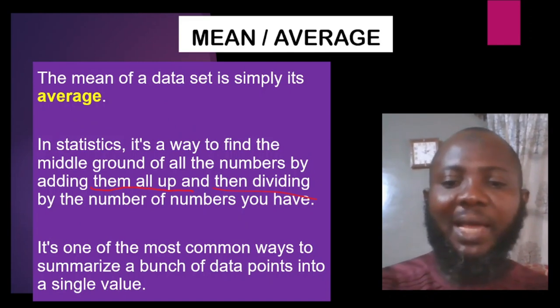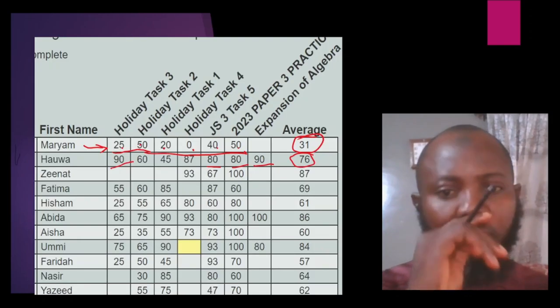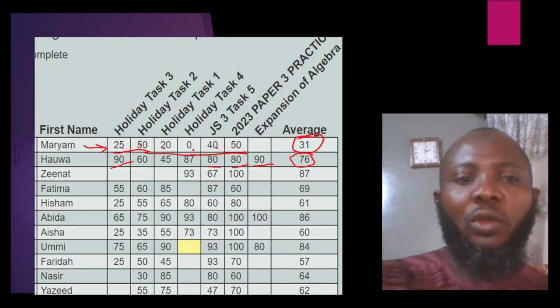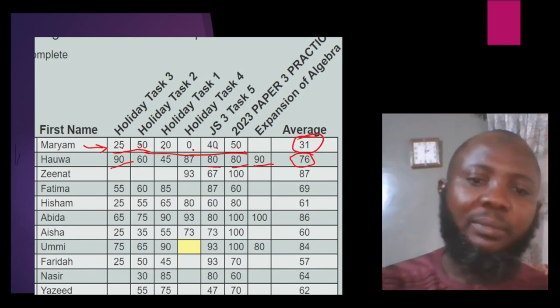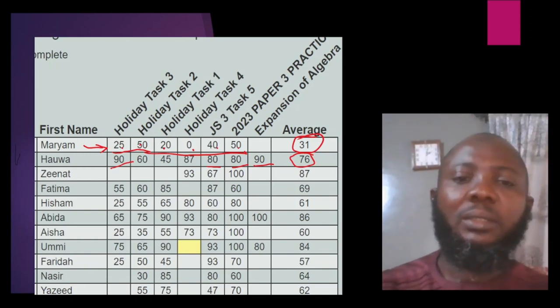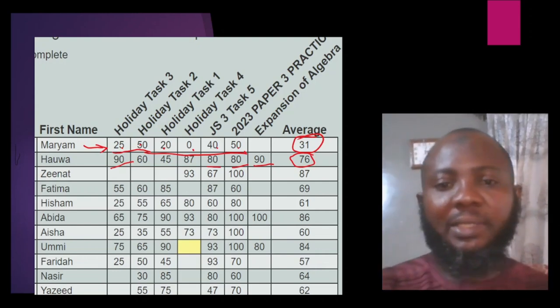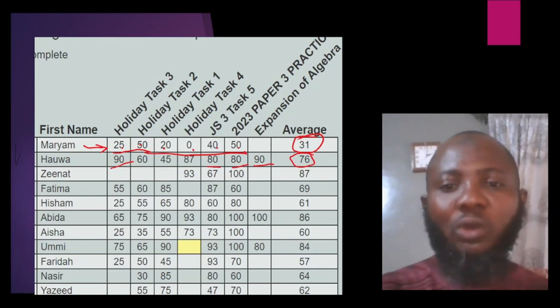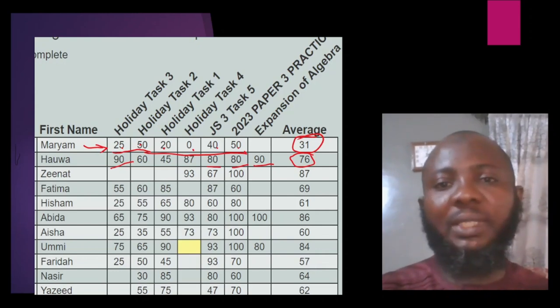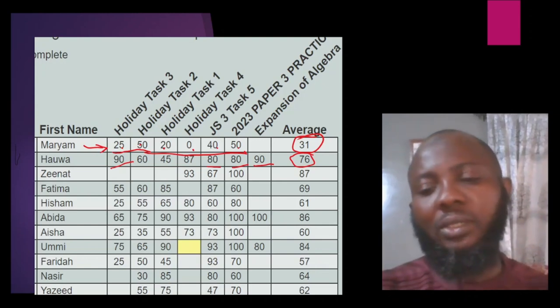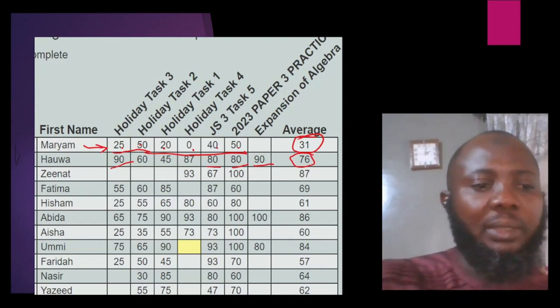Just like I explained in the previous slide, if you want to check the average score of Mariam, on average, she scored 31 per each of the tests, while Hawa scored 76 per each of the tests. That's what it means, and so on and so forth. So that's what is referred to as mean.